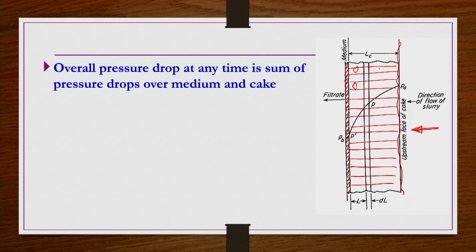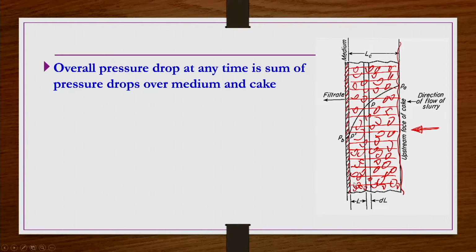These are particles that are being deposited on the surface of this filter medium. These particles are accumulated in a packed condition, and they behave almost like a packed bed.